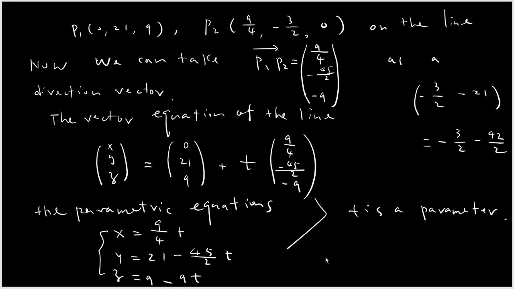Let's recall what I mentioned last time: each value of t will give you a point on the line. t can take any real number. That's why we call it a parameter. Many values of t will determine many points in space. Many points will form a line in this case. That's why we call it parametric equations of the line.